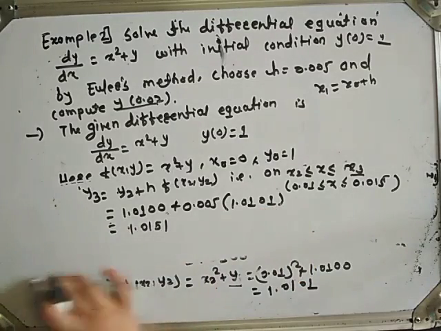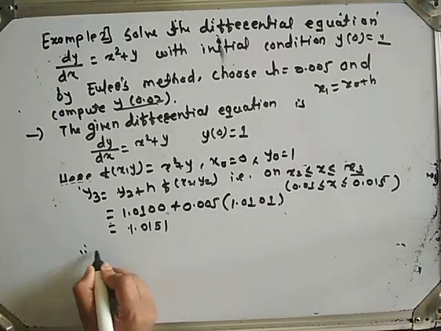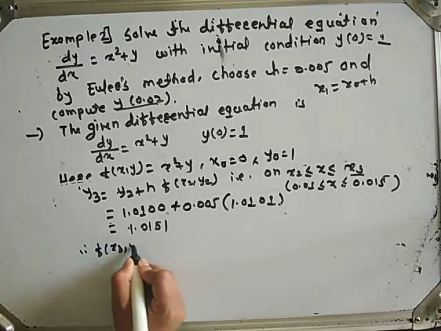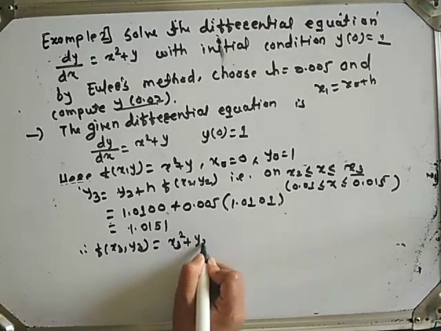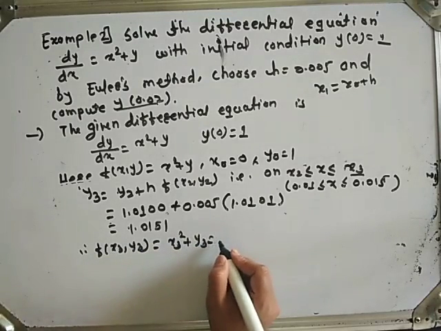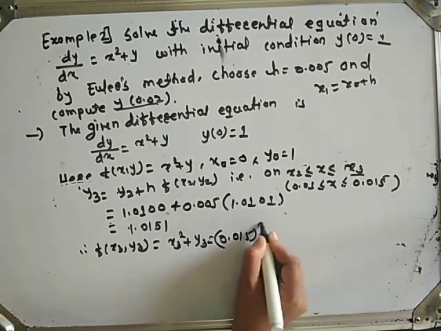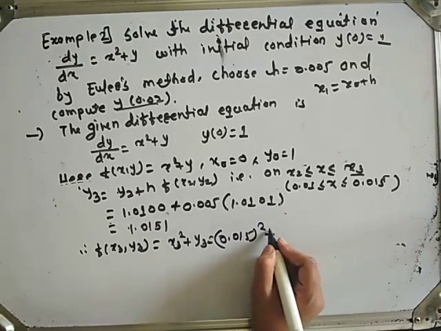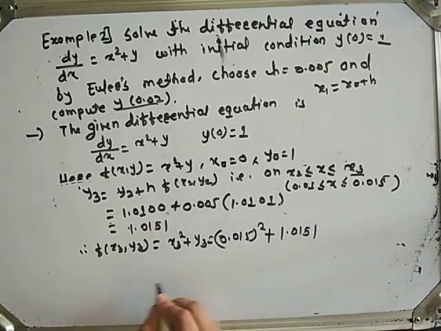Now calculate f of x3 comma y3, which is x3 square plus y3, where x3 is 0.015 squared plus y3, which is 1.0151.